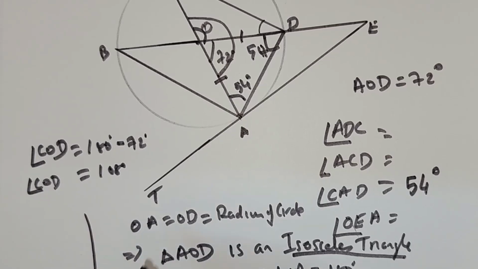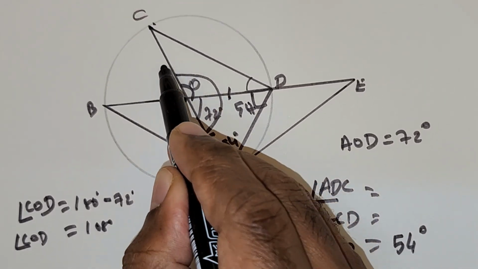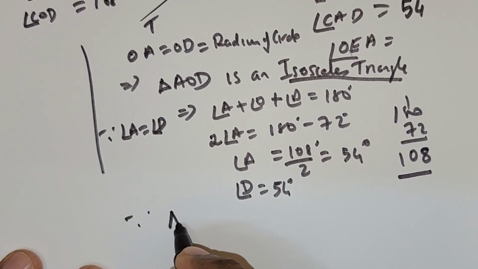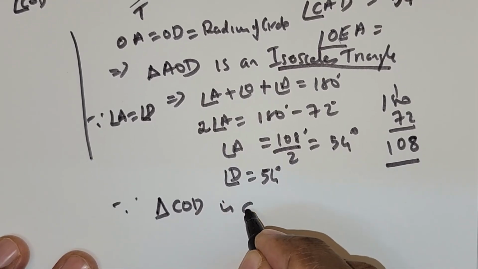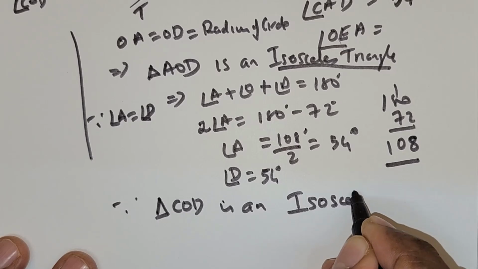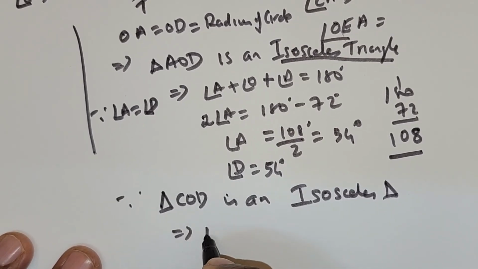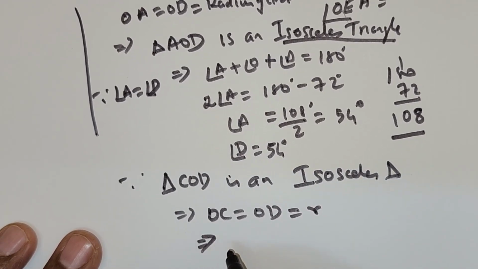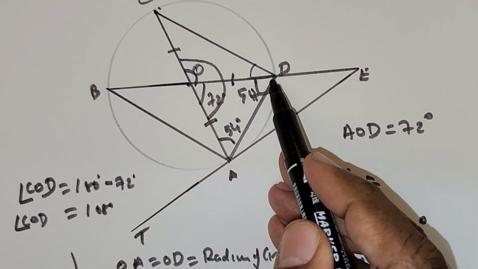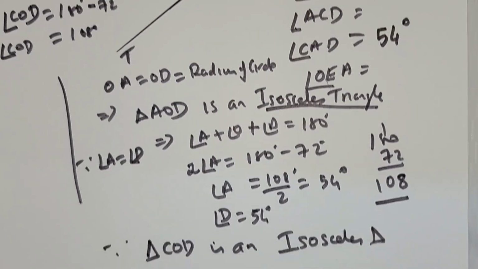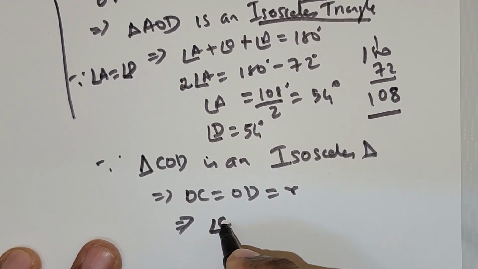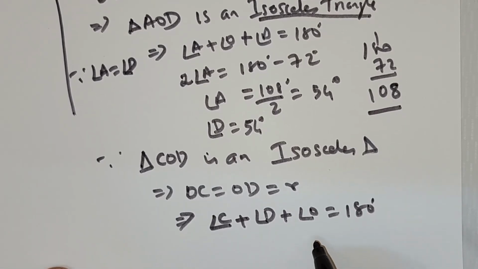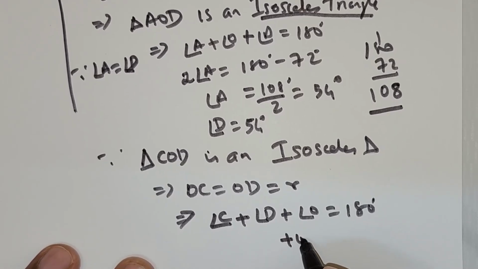Now, since we already know that this is a radius, this is also going to be the radius. So it's an isosceles triangle. So I can write that since triangle COD is an isosceles triangle, this means OC is equal to OD, which is equal to R. So angle C plus angle D plus angle at O, sum of the angles is 180 degrees, but angle at O is 108 degrees, right?